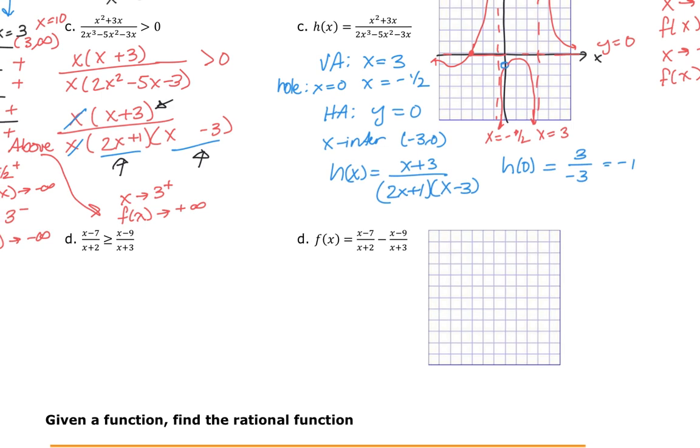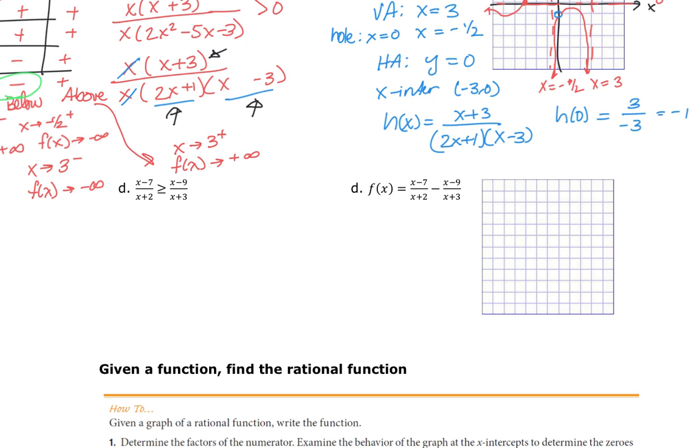All right. On this one, we're going to do the same kind of thing. We have to bring the fraction of 1 to the other side. So I'm going to do x minus 7 over x plus 2 minus x minus 9 over x plus 3 is greater than or equal to 0. The common denominator is x plus 2 multiplied by x plus 3.